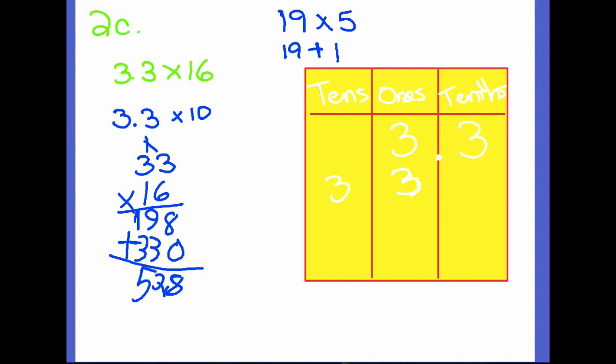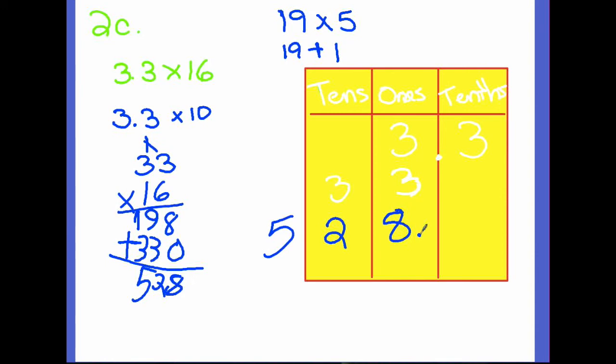So we end up with this number. And what's going to happen to it when we divide by 10? Remember here's our decimal now, and when we divide, what way does the decimal go?